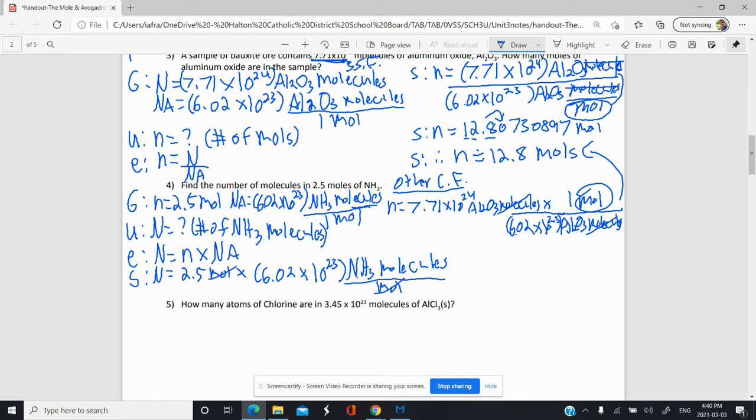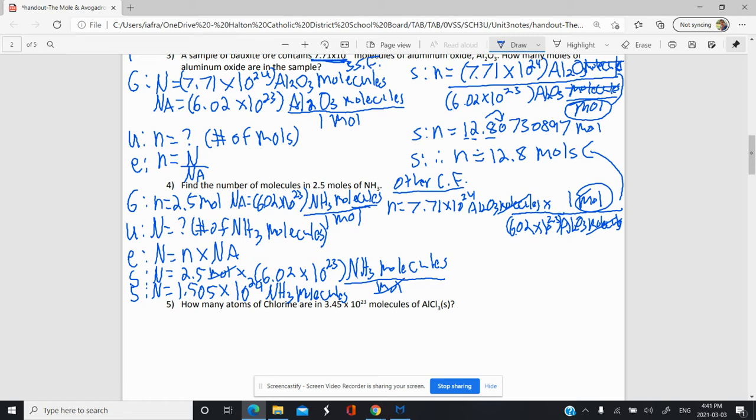We can cross mole out, and we get 6.02 times 10 to the power of 23 times 2.5. And so in our solving part, we get that N is equal to 1.505 times 10 to the power of 24 NH3 molecules.